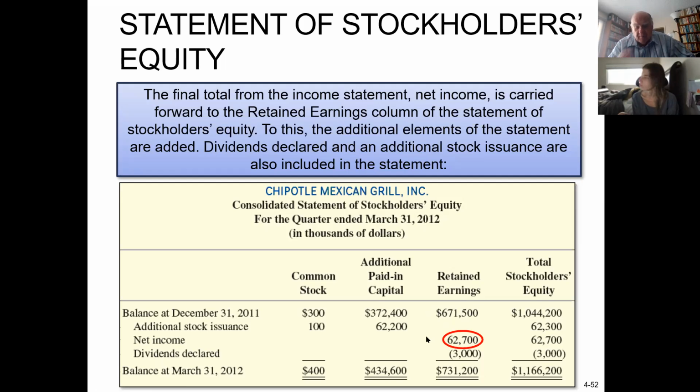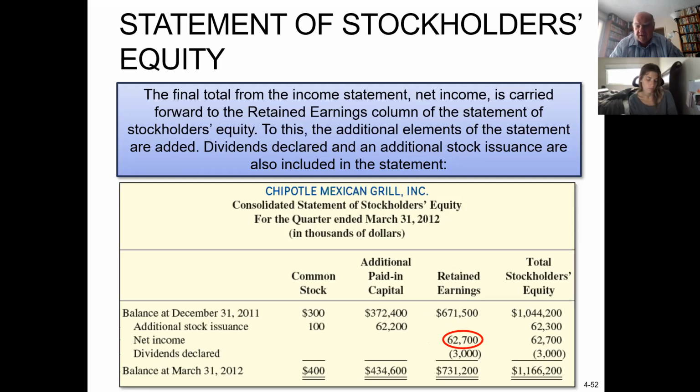Okay, but Chipotle paid some dividends. That reduces your capital. And that's important to understand. When a company issues a dividend, as soon as they announce the dividend, they're going to debit retained earnings and credit dividends payable.